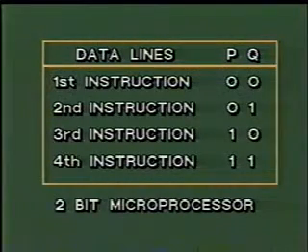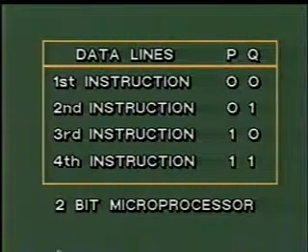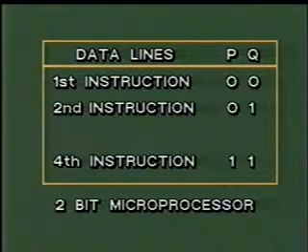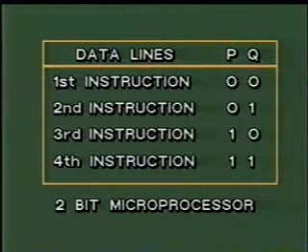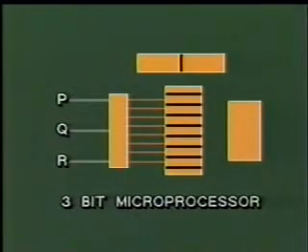Second instruction, 0, 1. Third instruction, 1, 0. And fourth instruction, 1, 1. Microprocessor is the extension of this principle. If we have 3 lines, we can have 8 different combinations or instructions.